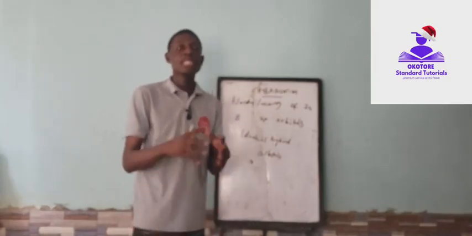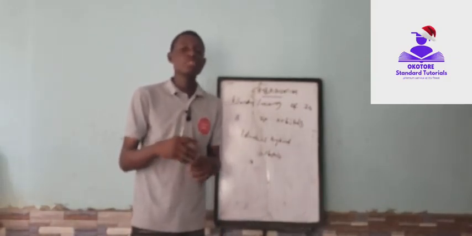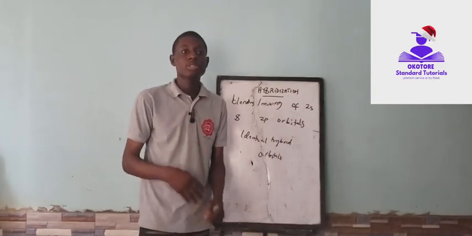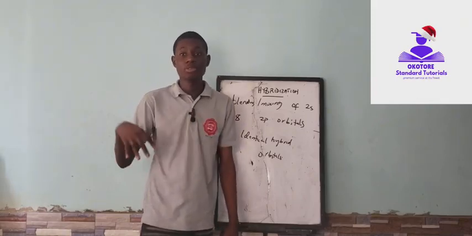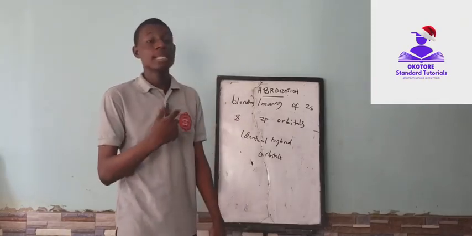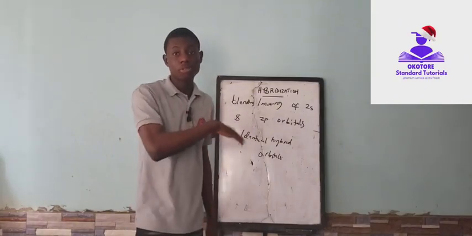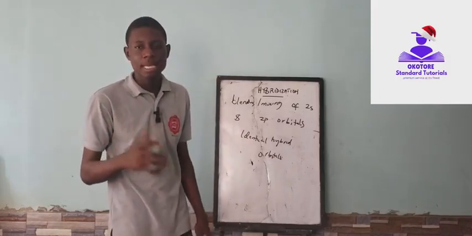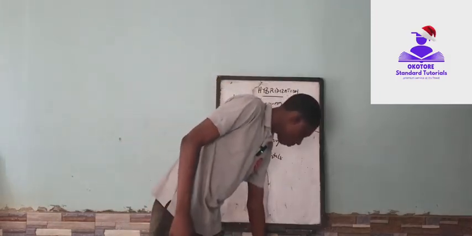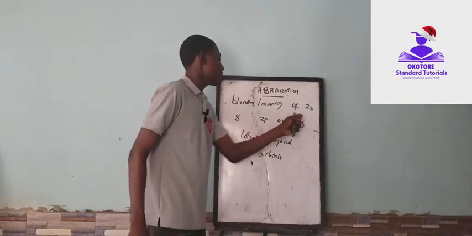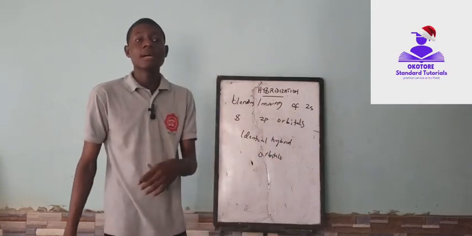Are we clear? Textbooks like New School Chemistry just spoke about hybridization but didn't really delve into it. But secondary school textbooks like Extensive Chemistry really dwelled into hybridization very well. So I will just explain basically what everything means. Note this 2s and 2p.